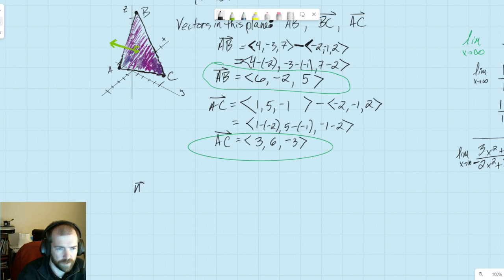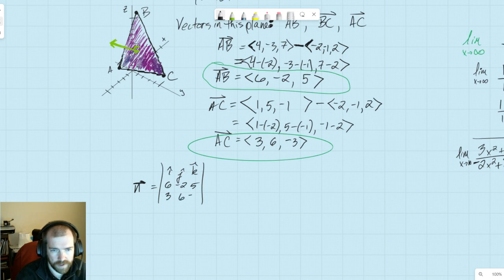This is our normal vector. It is going to be the cross product between i hat, j hat, k hat, and those two vectors that we just found. So 6, negative 2, 5, and 3, 6, negative 3.